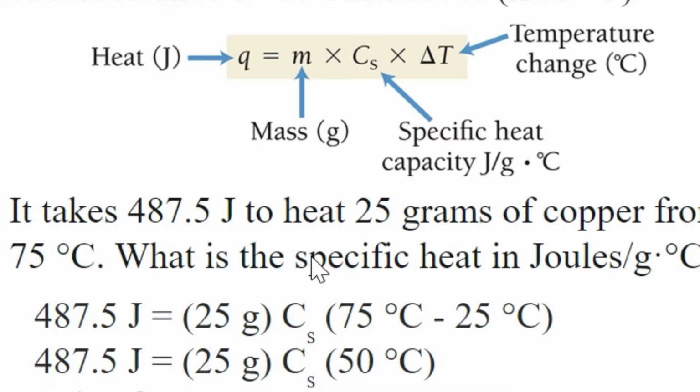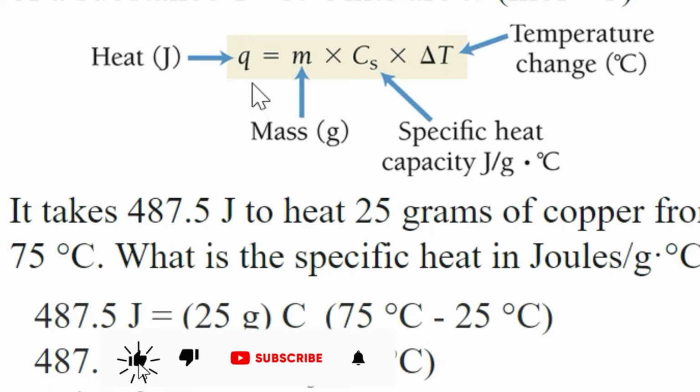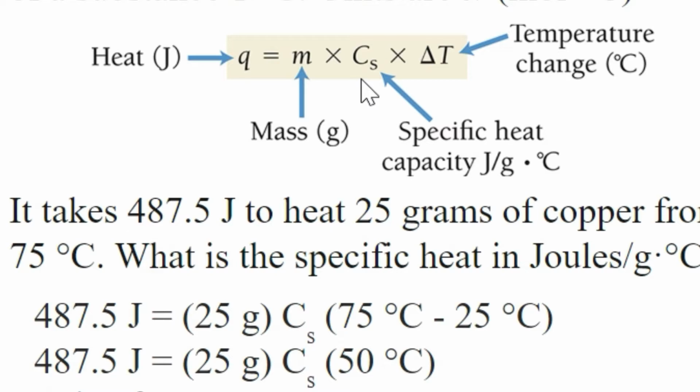So notice what it's asking for, specific heat. So it might be an instance where you're not solving for your energy, you're solving for the specific heat, or mass or change in temperature, just depending on what's asked here. Because I have my joules here, I actually have my energy for this particular situation.